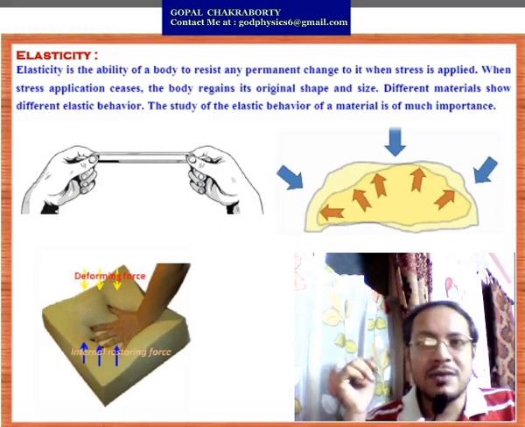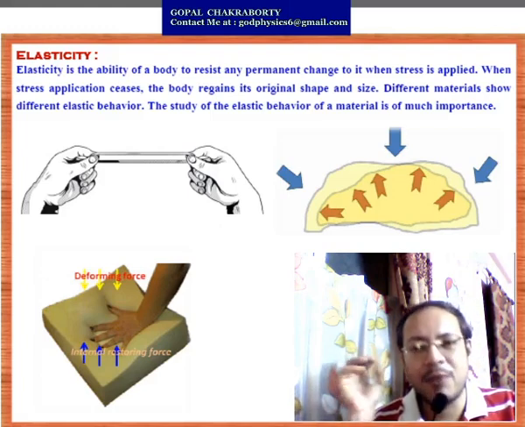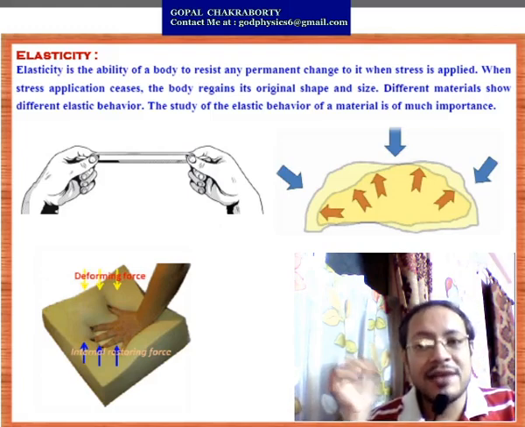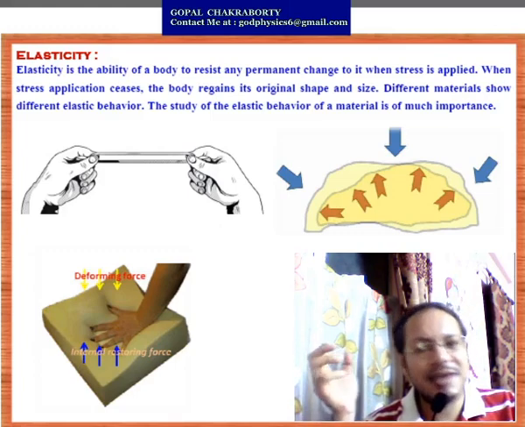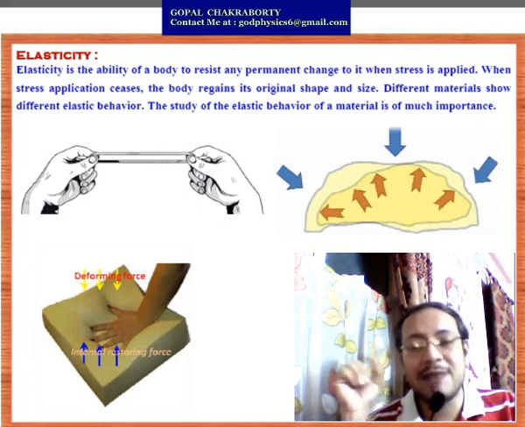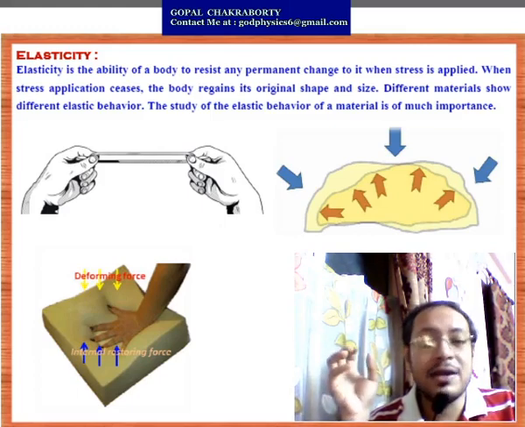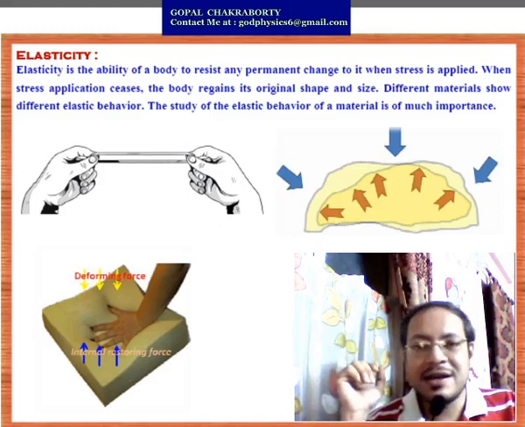Basically, this property by virtue of which any particle or body tries to resist the change in size and shape is called elasticity. Elasticity is a property of the material, so it will change only if you change the material.